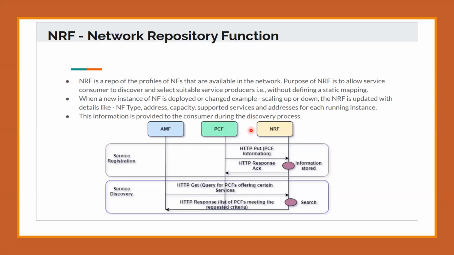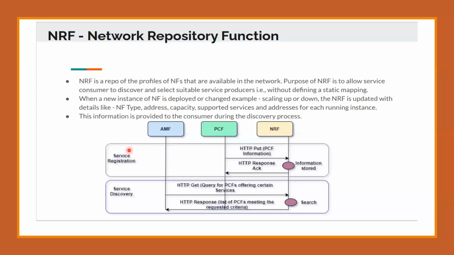Now here, if AMF needs to communicate with the SMF, it is going to go to NRF and inform NRF which sort of services it needs. And based on that, NRF is going to select that, okay, this SMF can handle all the services that are required by the AMF, and NRF is going to provide the IP address of that specific SMF to AMF.